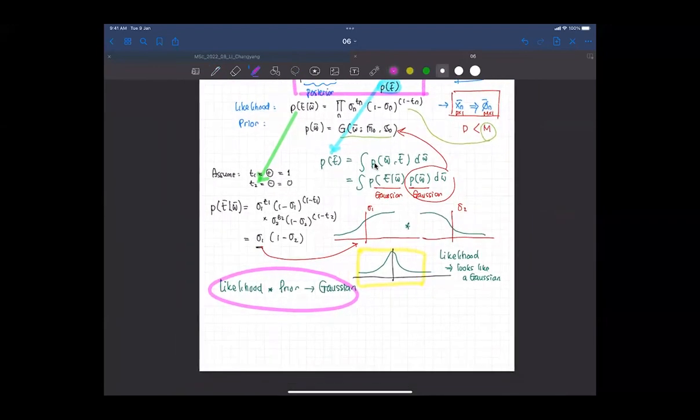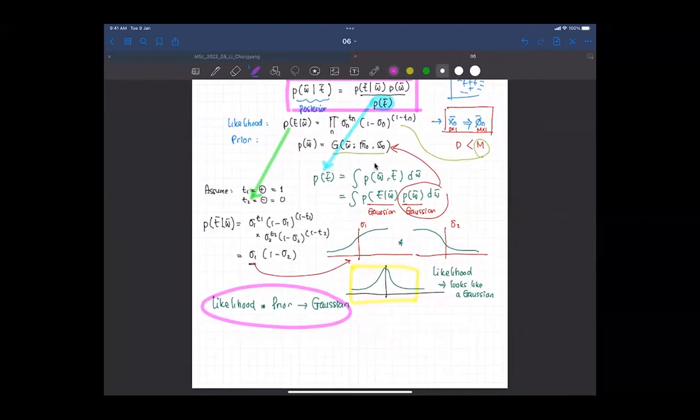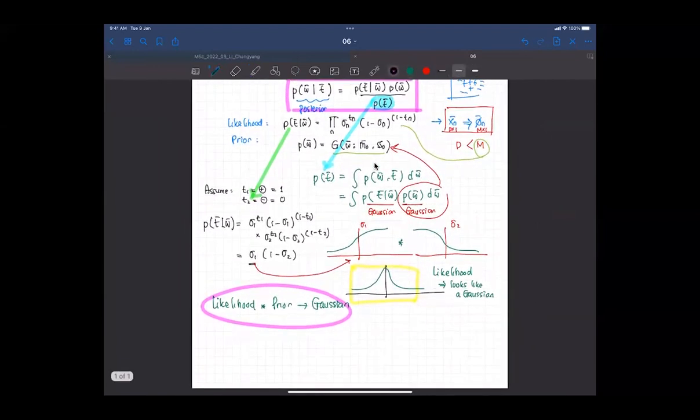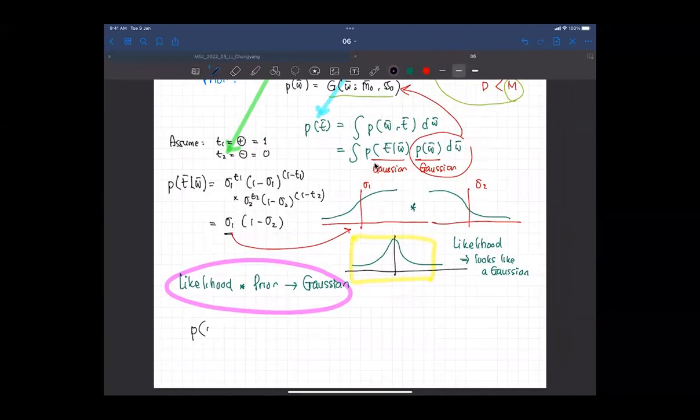Is it understandable? So in other words, I can write down here, P of W given P bar equals P of W, P bar, P of W bar, divided by the integral of P W, P bar, and P of W bar dW bar, right?